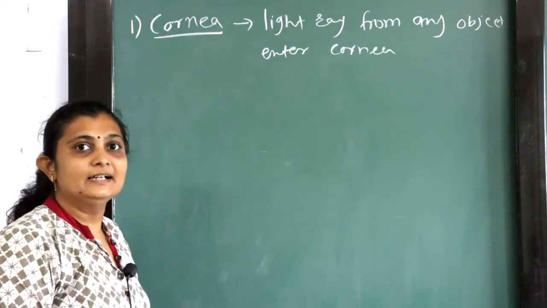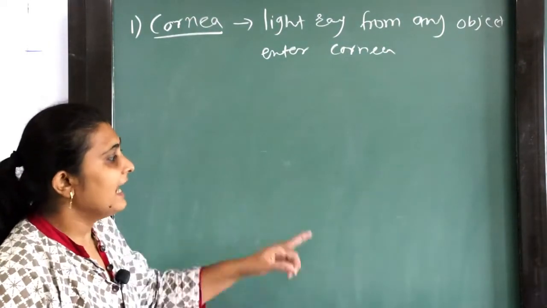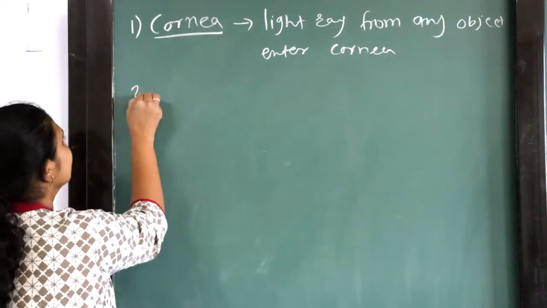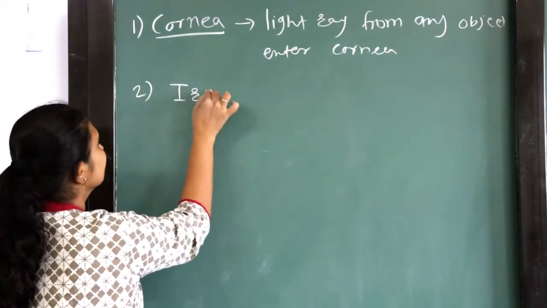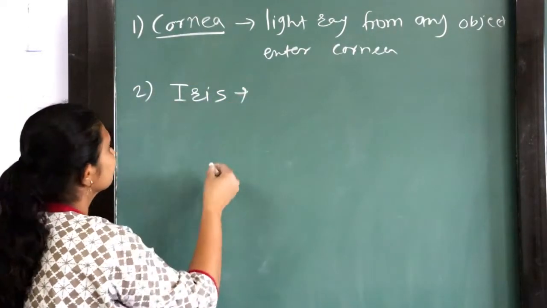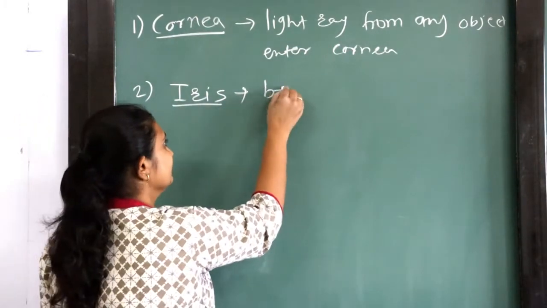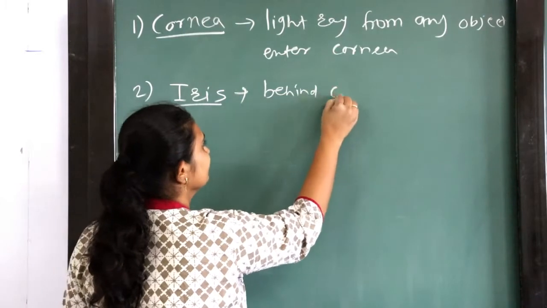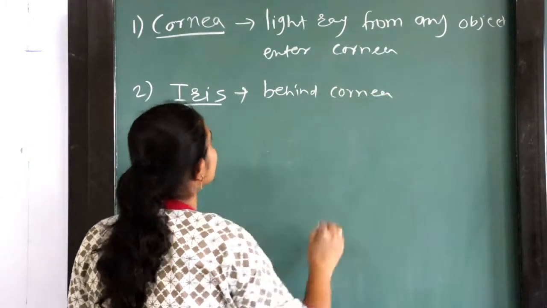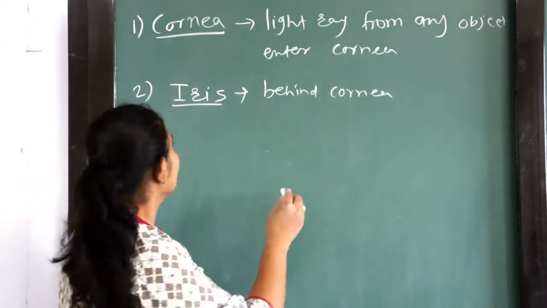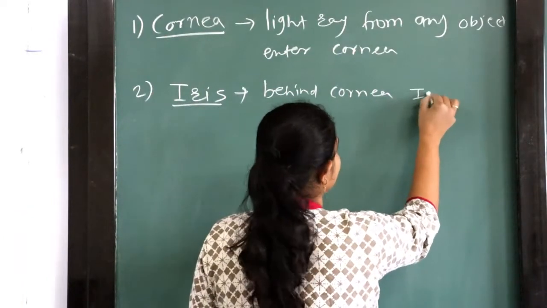After the cornea, the next part is the iris. Behind the cornea, there is the presence of the iris.